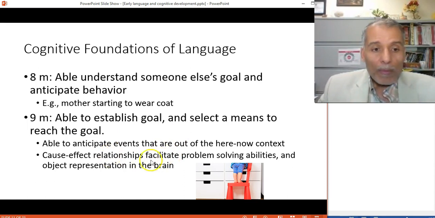So cause and effect is a major cognitive function that enables us to understand how to interact, how to analyze behavior, and how to problem solve. And it is a tremendous foundation for cognitive and for language development.